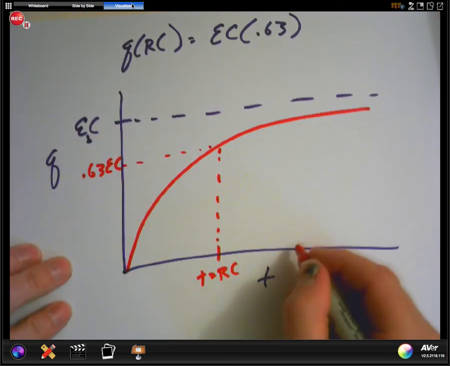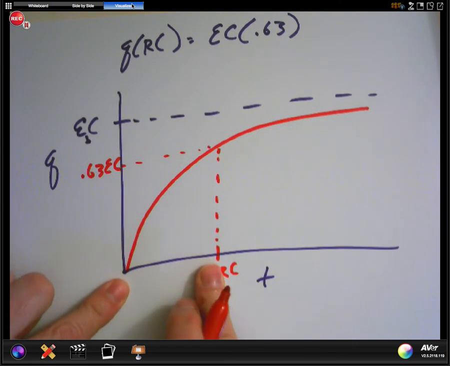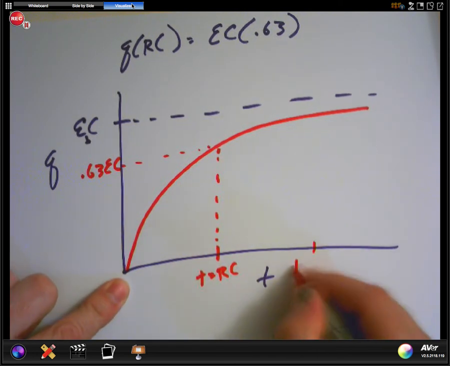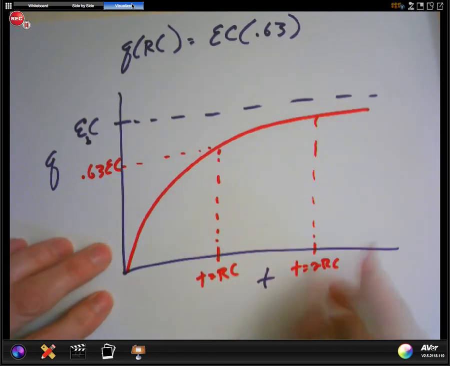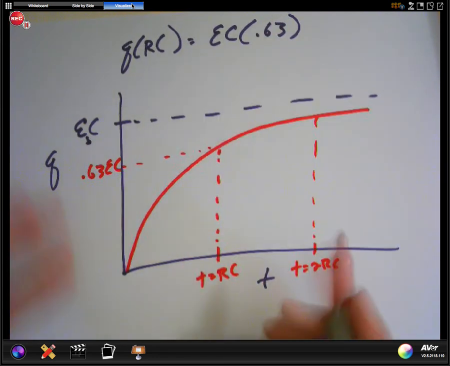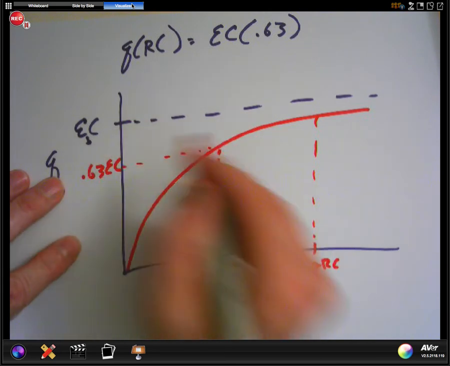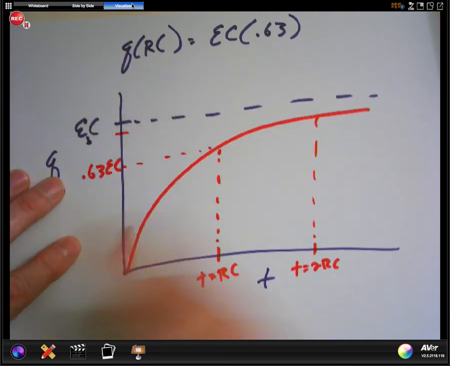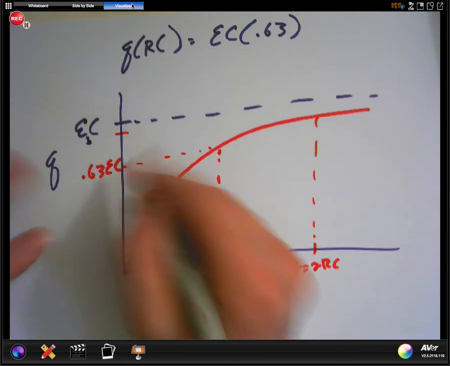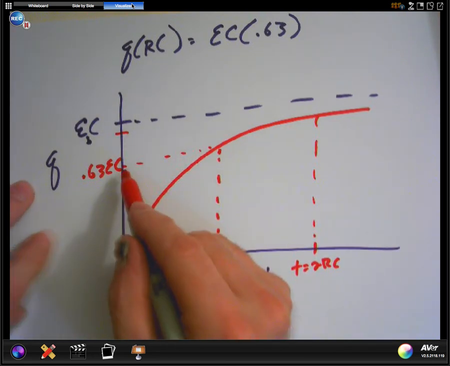So if I do it again, if I double that time, so there's the time of RC, if I go out here to time of 2RC, go up like that, if I plug that into our equation up here, what I'm going to find is that I'm going to move up to 63% of that remaining 63%. So, 63% is not exactly 2/3. We'll say it's about 2/3. So we've gone up 2/3.